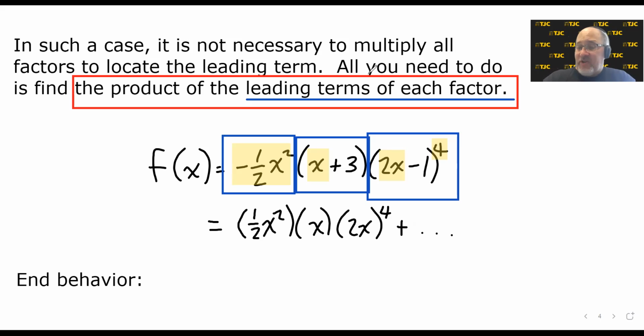But we're not concerned with the stuff after it. We're just concerned with the leading term, and that leading term is going to be whatever we get when we multiply all this together. Now, this isn't nearly as hard to multiply as it may seem, but it might help if we just go to the side over here in a little thought cloud and figure out what this is going to equal.